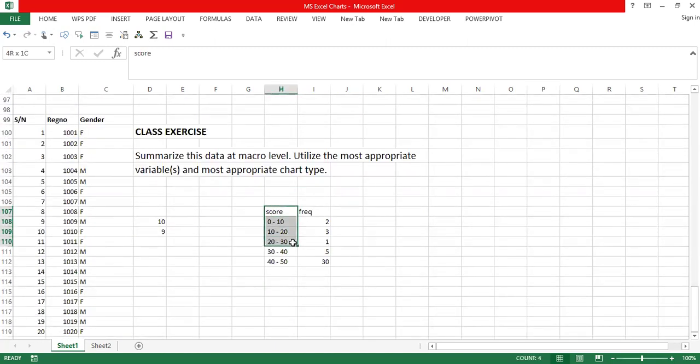What's the observation here? What do you observe in my groupings here? Okay, let me ask you now. Assuming I put a serial number here.